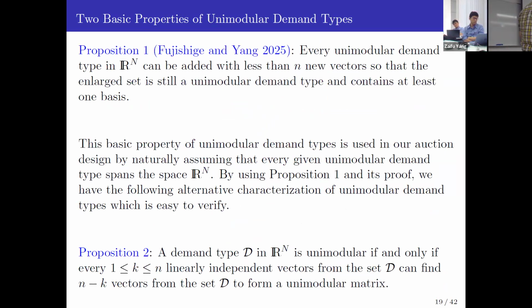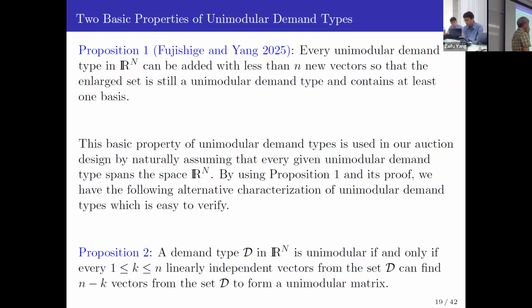So every unimodular demand type in n-dimensional space can be enlarged with fewer than n new vectors, so that the enlarged set is still a unimodular demand type and contains at least one basis. In our paper, we use this proposition in our auction design by assuming that every unimodular demand type spans the space.